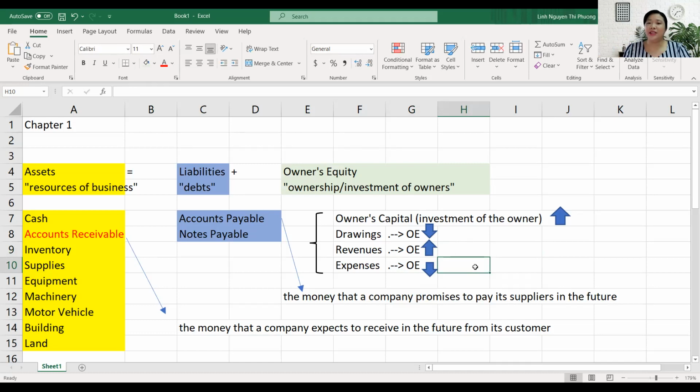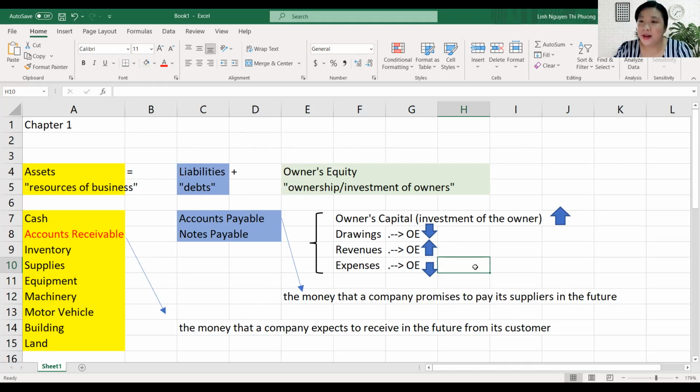So owner's equity is influenced by four things: owner's capital, drawing, revenue, and expenses. The more investment from the owner, what happens? Our owner capital will increase. Drawings: if the owner withdraws more money from the business, our owner equity will decrease.